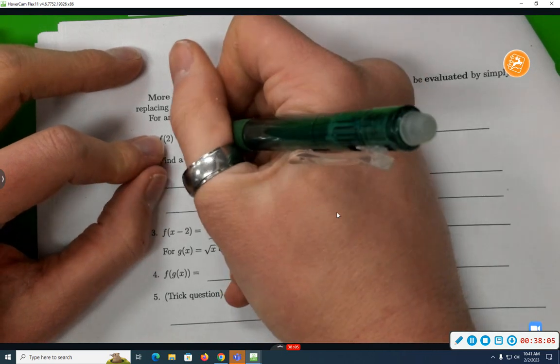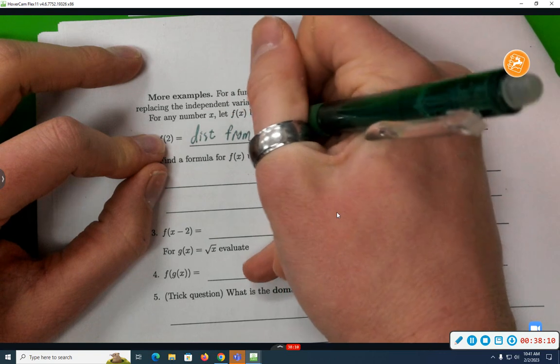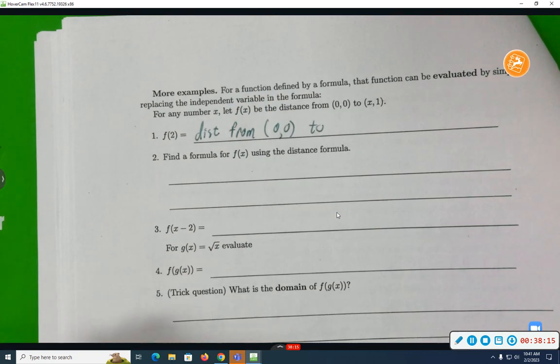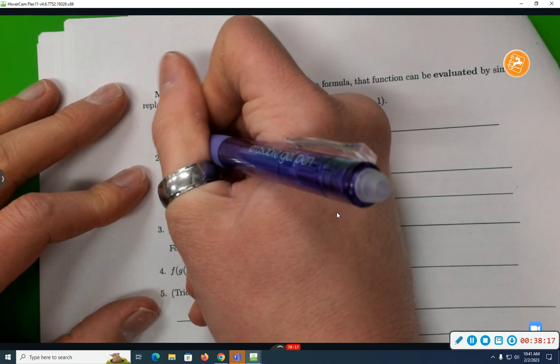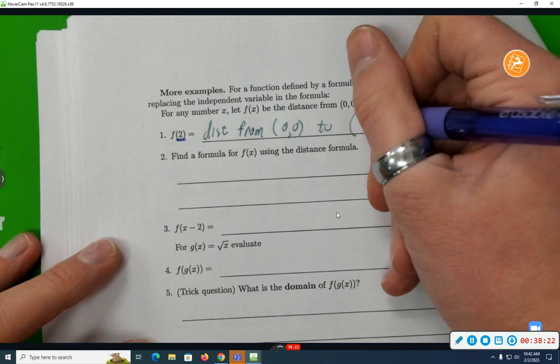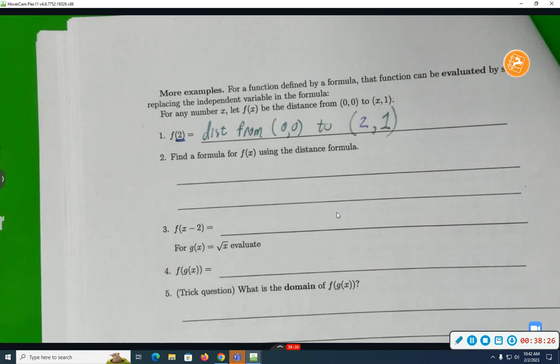So f of 2 is the distance from 0, 0 to, I'd like to plug in this value for x, 2, comma 1. Does that look like something we know how to compute? Yeah, in fact, people have already computed it in the time that I've paced back and forth.